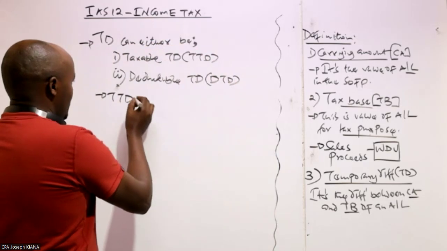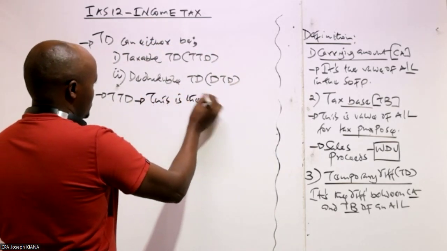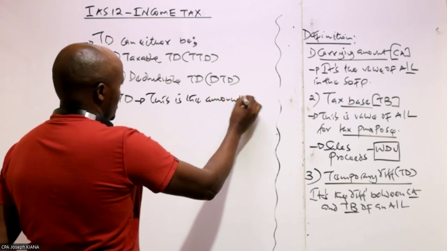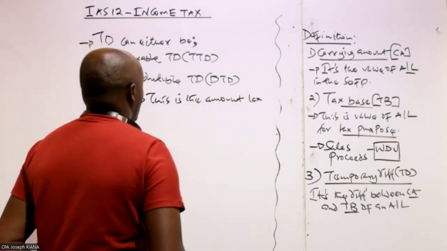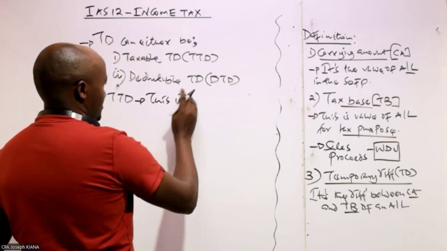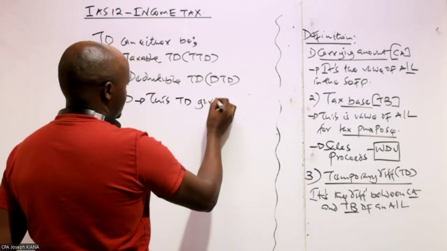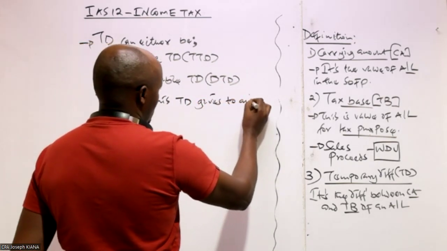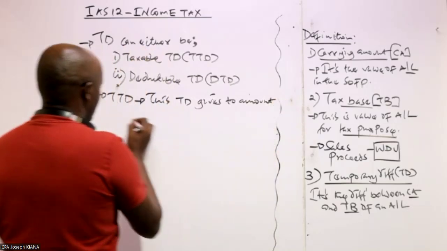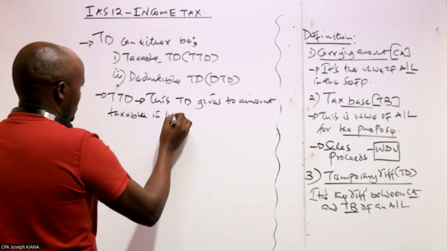So we can say that this temporary difference gives rise to amounts taxable in the future.